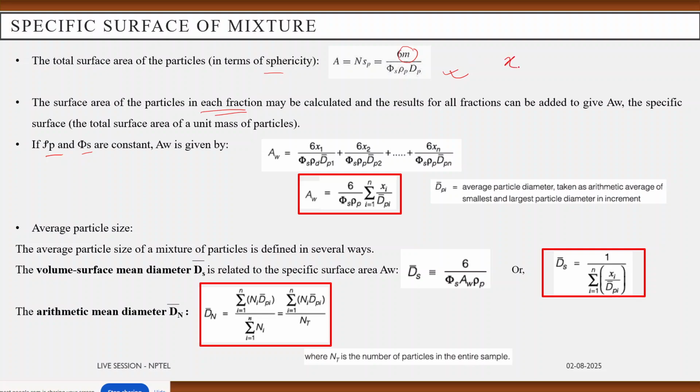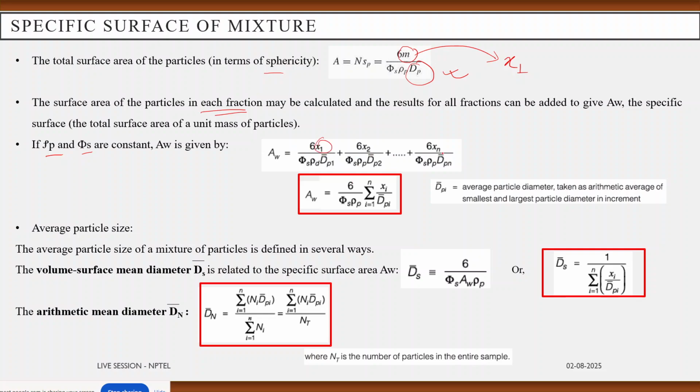So x1 will be the fraction of this total mass. That's why it is x1, and other things remain constant. And this particle diameter is the average particle diameter, also denoting fraction 1.